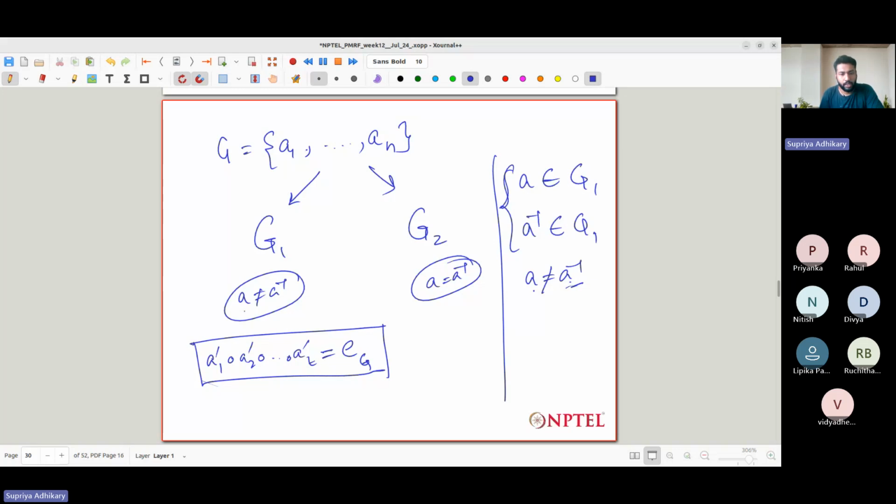Since all the elements commute, this is also true. So since the group is commutative, we can write the product as A1 dash composed with A1 dash inverse, A2 dash composed with A2 dash inverse, and so on.